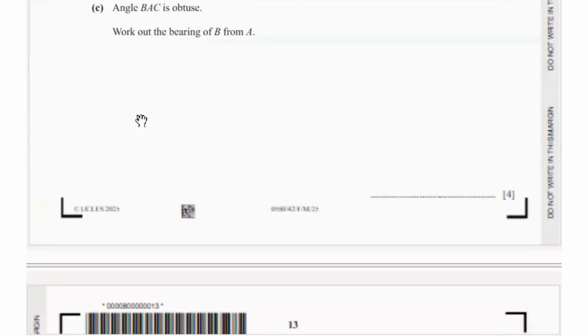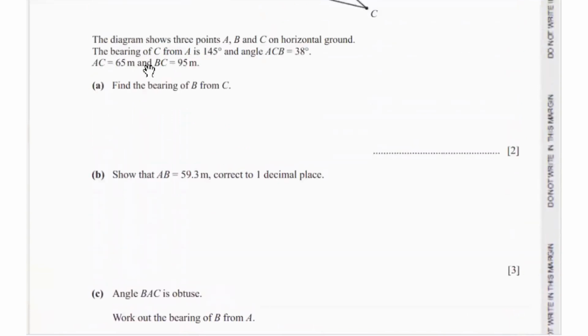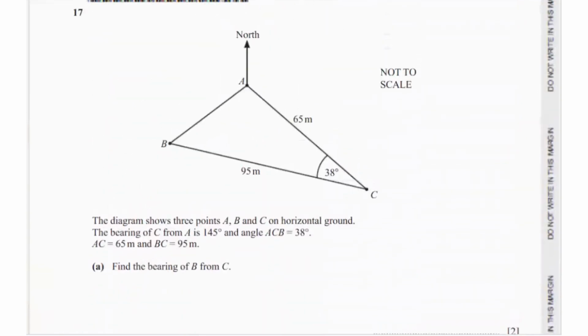Then it says angle BAC is obtuse. Work out the bearing of B from A. So they want this. We already know that this angle is 145. We need to find this angle in the middle.